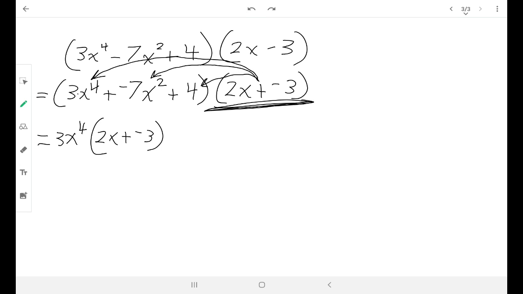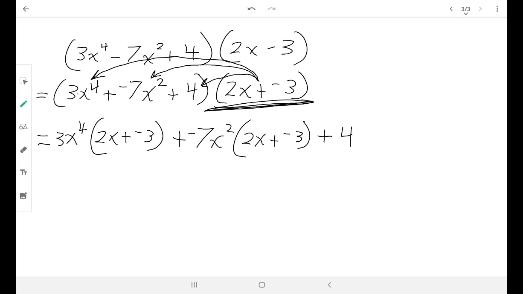Then I'll put this plus, and then I'll do this one plus all of this. So that's negative 7x squared times, did I say plus? I meant times, sorry. Times 2x plus negative 3. And then that plus goes right there.